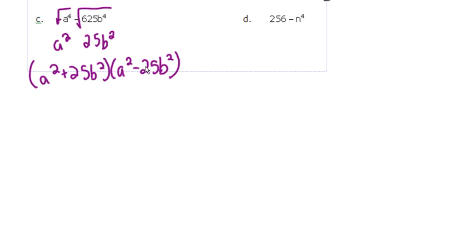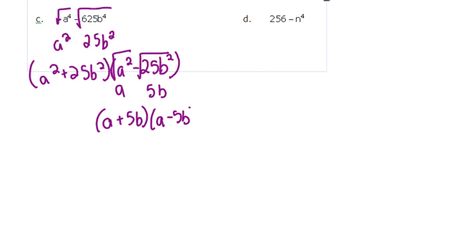This has two terms and a minus sign, so I check for perfect squares. Here, the square root of a squared is a. Here, the square root of 25 is 5. The square root of b squared is b. So this can be broken down into a plus 5b, a minus 5b.